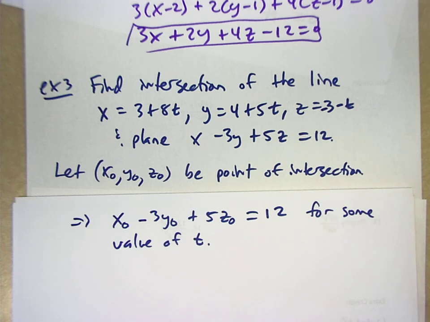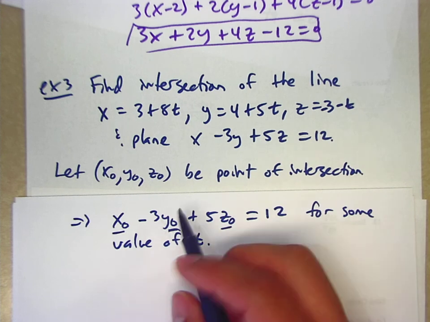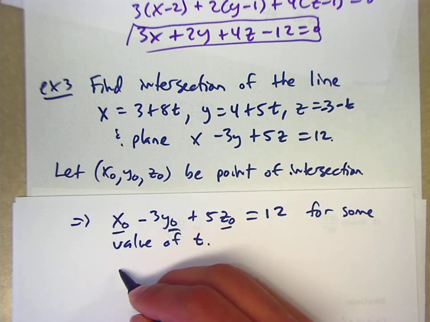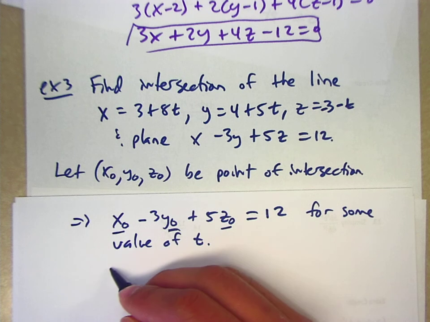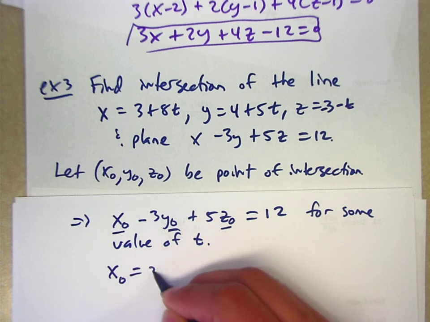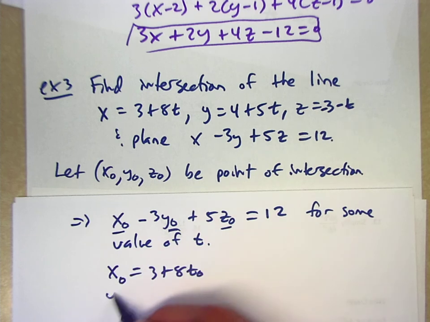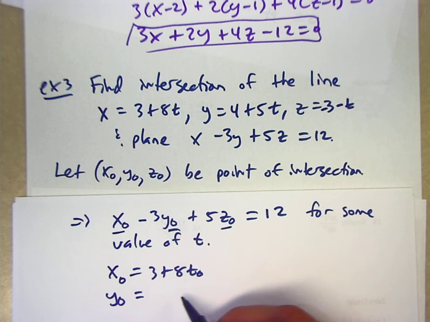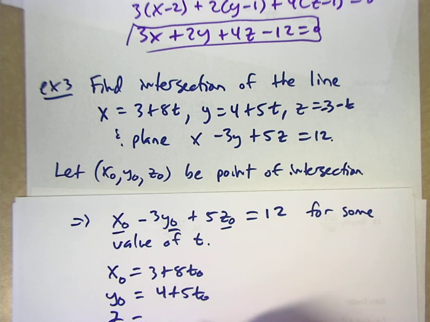But we also know what x naught, y naught, and z naught are in terms of t, right? So x naught is just going to be 3 plus 8 times t naught. Y naught is going to be 4 plus 5 times t naught. And z naught is just going to be negative 3 minus t naught.